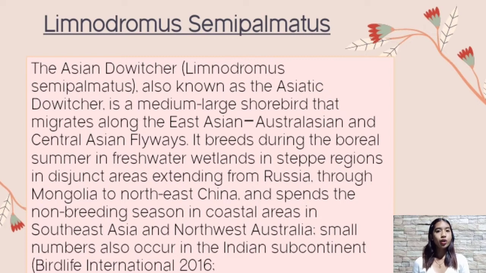It breeds during the boreal summer in freshwater wetlands in steppe regions in disjunct areas extending from Russia through Mongolia to northeast China, and spends the non-breeding season in coastal areas in Southeast Asia and Northwest Australia. Small numbers also occur in the Indian subcontinent.